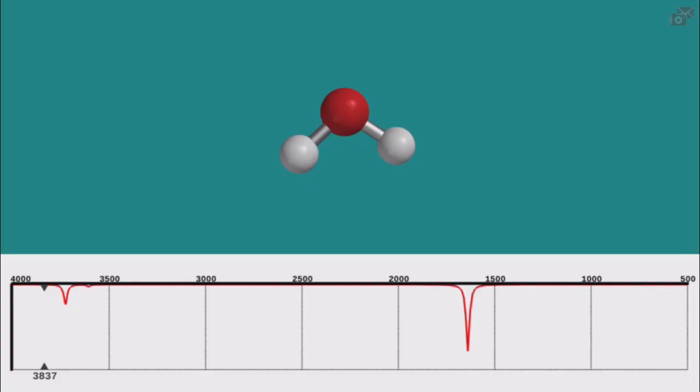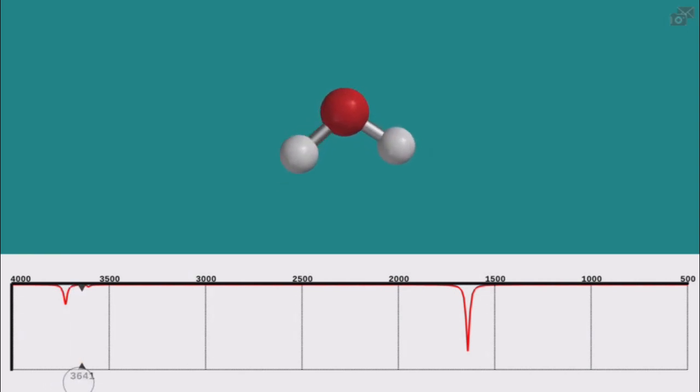For example, here we're going to take a look at a water molecule, and below it is just a sample IR spectrum of water. And water has these different places where it absorbs IR energy to give these different vibrational modes. So the first one here we'll look at 3727, we can see we have this stretch between the oxygen and hydrogen, and this in fact is an asymmetric OH stretch.